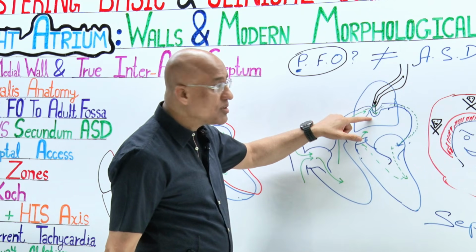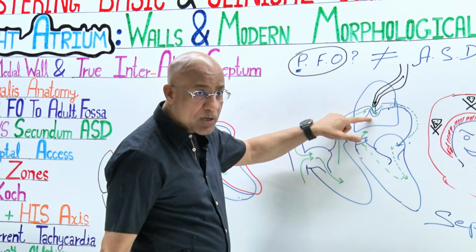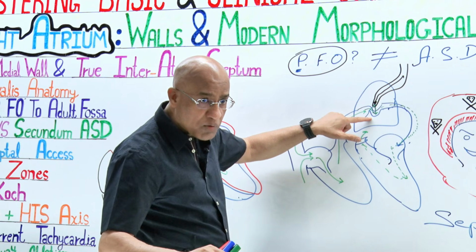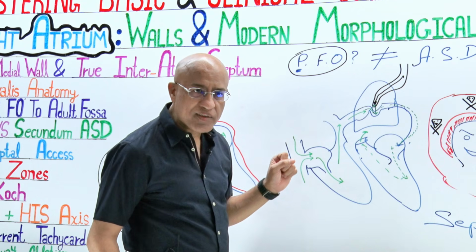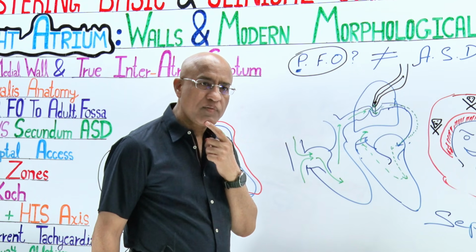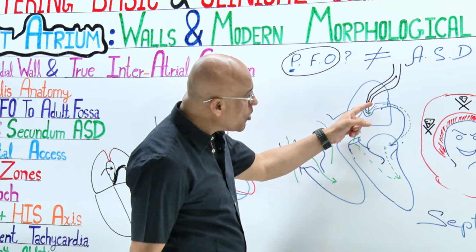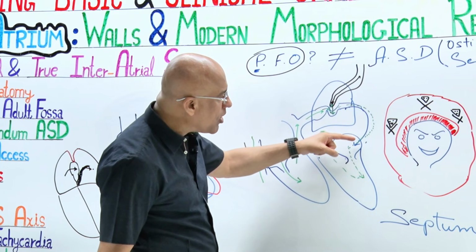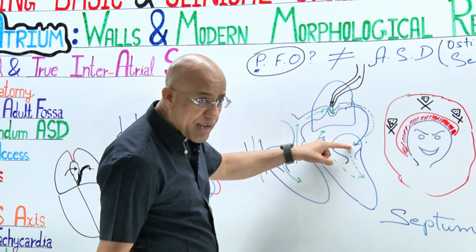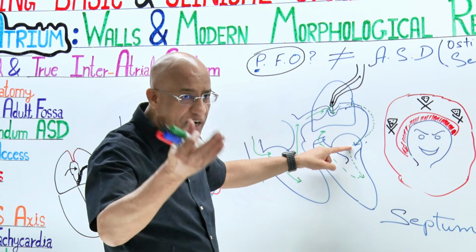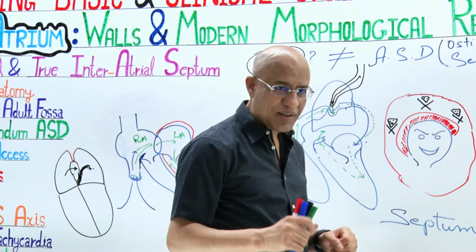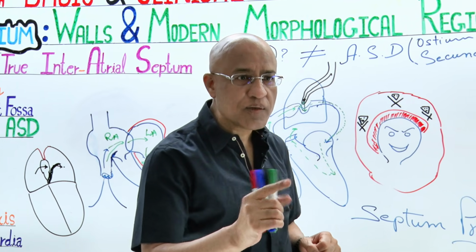And because pulmonary vascular resistance is going down with breathing, more and more blood will start going to the pulmonary circulation. What does it mean? After birth, more and more blood will be arriving from pulmonary veins to the left atrium. So pressure in the left atrium will start going up.